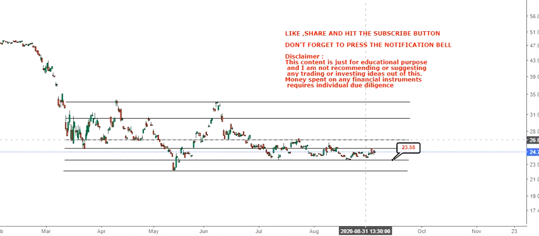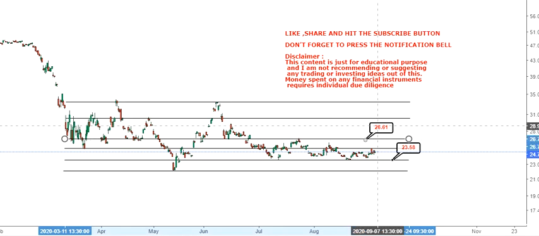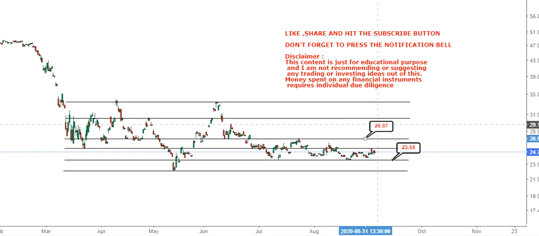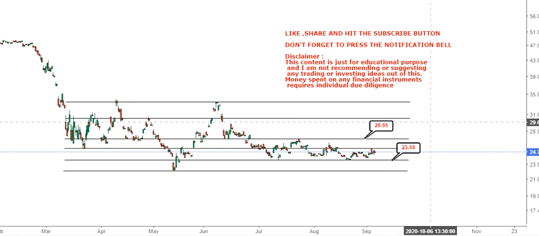So the current range of this particular stock is in between 23.5 to 26, or probably near to 27 dollars.